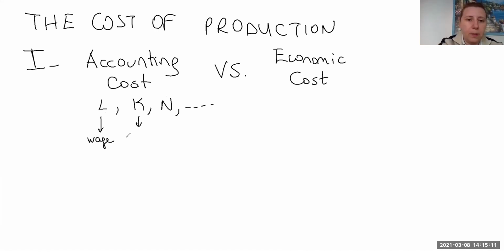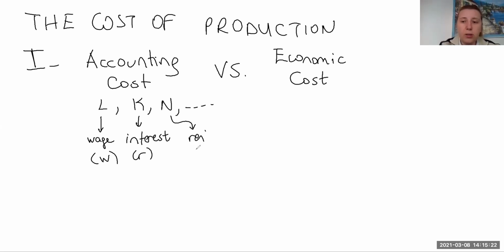For capital, it's paying interest. We put R for it and W for labor. And for natural resources, rent, etc. These monetary payments are called accounting costs. These costs can be documented by the firm.